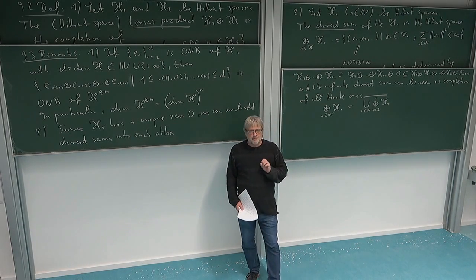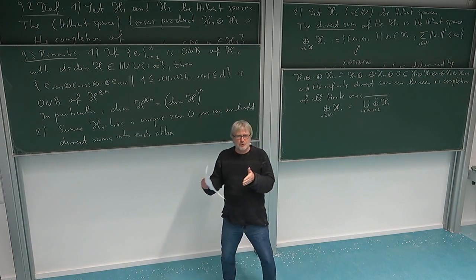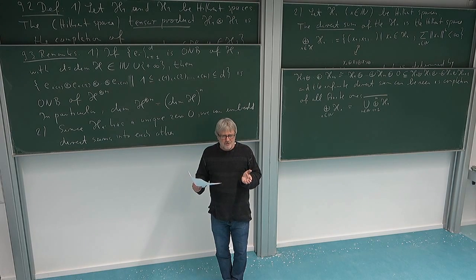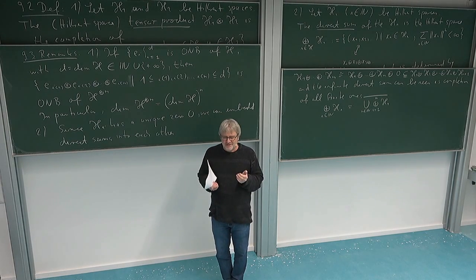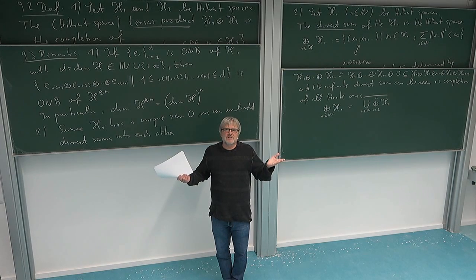But then you see the problem is that what I need would be an embedding of a tensor product of n terms into a tensor product of n plus 1 terms. And of course, in the additive case for a sum, I can use the 0 for this. In a multiplicative case, I should use a 1 for this, but the Hilbert space has no 1. At least there is nothing canonical. There's no canonical 1 which I could use.